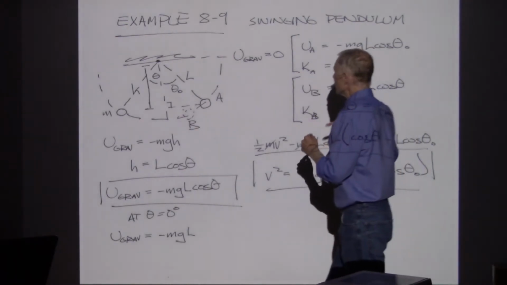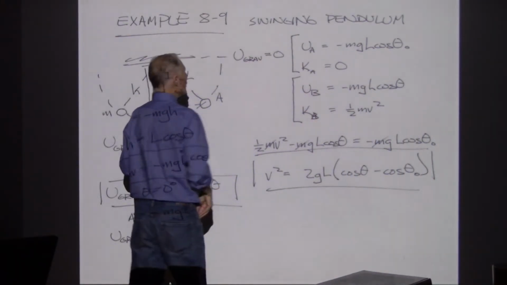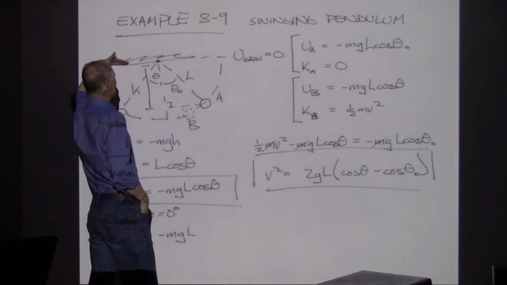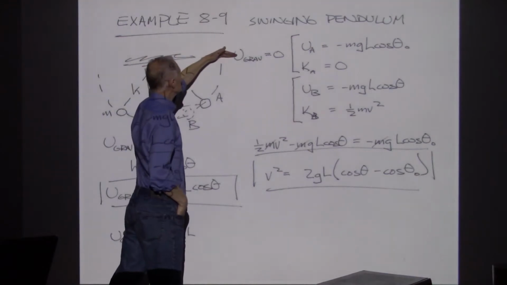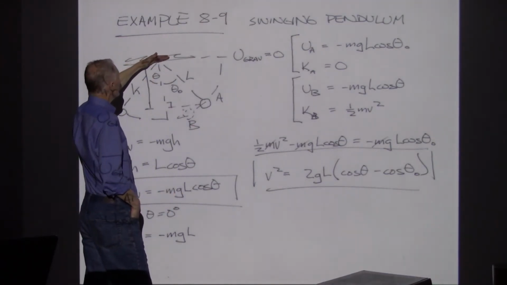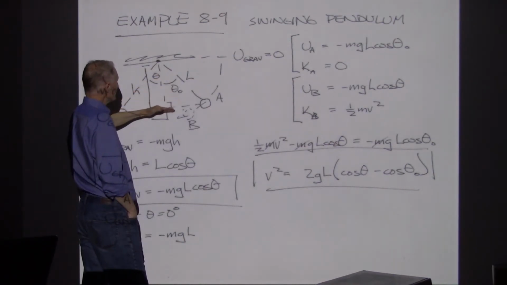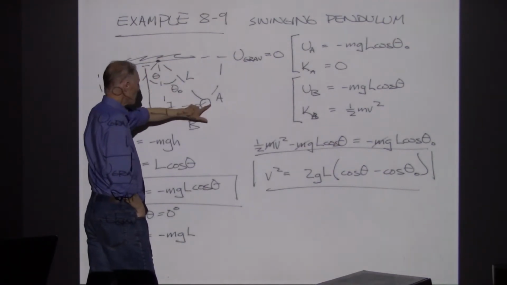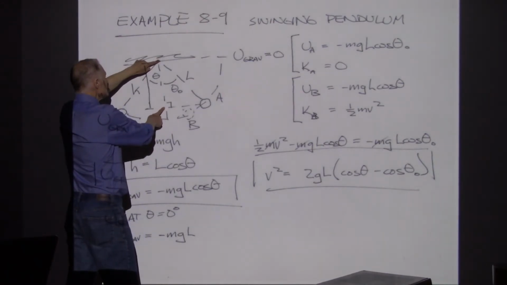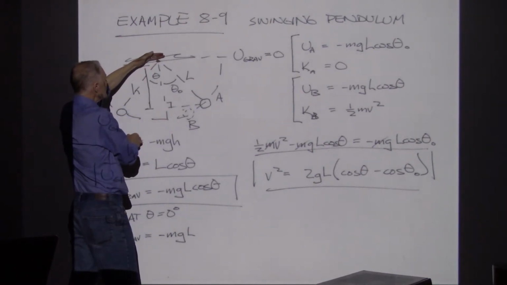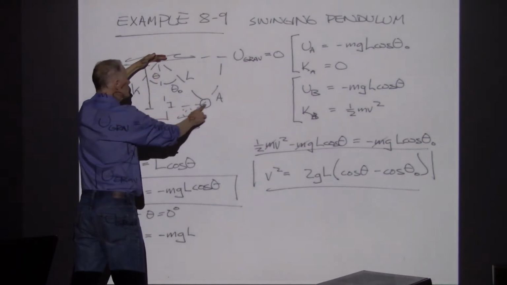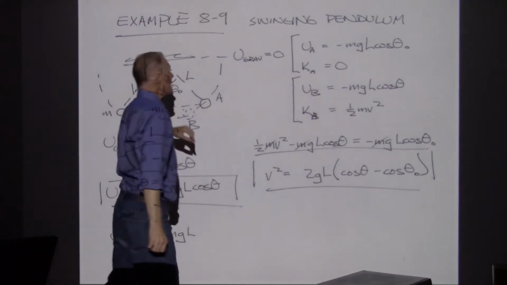Now the potential energies. I claimed that if I set gravitational potential energy equal to 0 at the elevation where the center of the circular motion is located, then the gravitational potential energy at point A is going to be minus mgh, where h is the distance from the center of the circle down to whatever elevation this is.